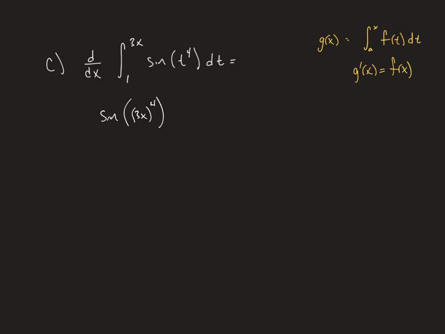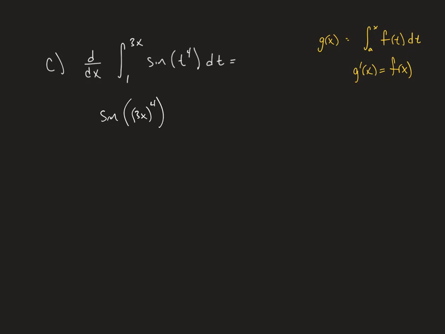Now remember, if we were to take the derivative of something that had a 3x inside of it, there would be a chain rule involved where we would have to multiply by the derivative of that interior function.